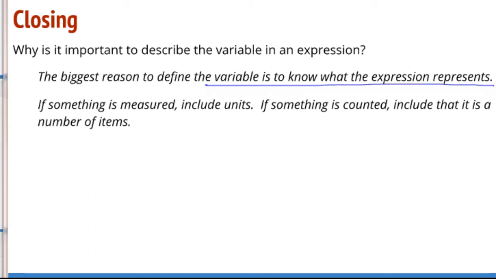If we don't explain the variable well, people are going to look and say, I know you've got a variable there, I know it's for speed, but I don't know what it means. I know you've got a variable there, I know it represents students, but I don't know what we're talking about with the students. And if we are measuring something, we have got to include the units. If something is being counted, include that it is a number of items, the number of students, the number of homework assignments, the number of days.